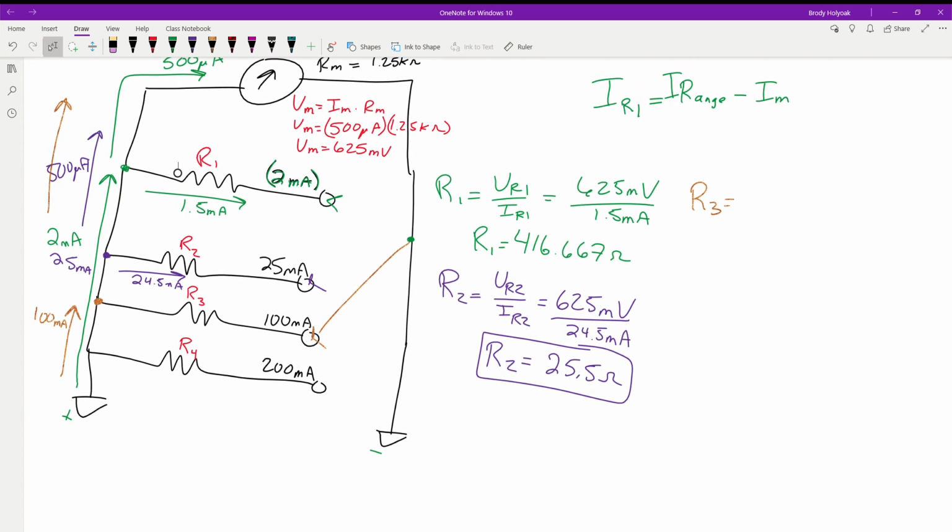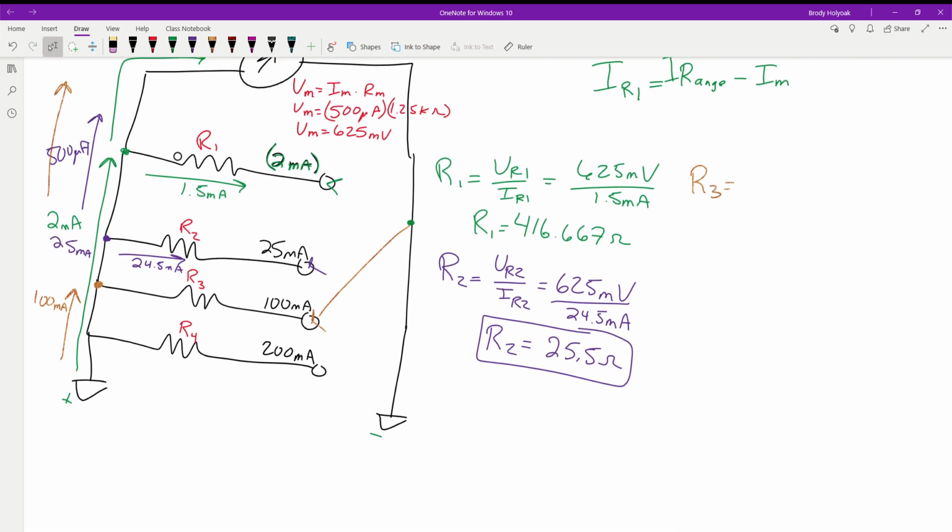So how much current do I want going up this direction? We want the 500. So the 500 we want to come up this direction and go through our meter, but we don't want any more. So we're going to have 500 microamps go up that direction. You'll always have the 500 going that way, or whatever your meter current is, not necessarily this value.